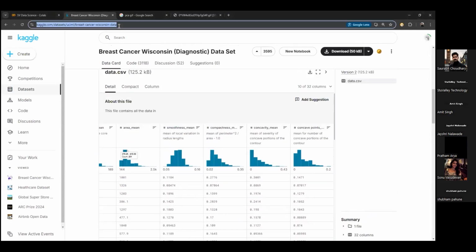Take this data and try to do PCA over it. The code is here.